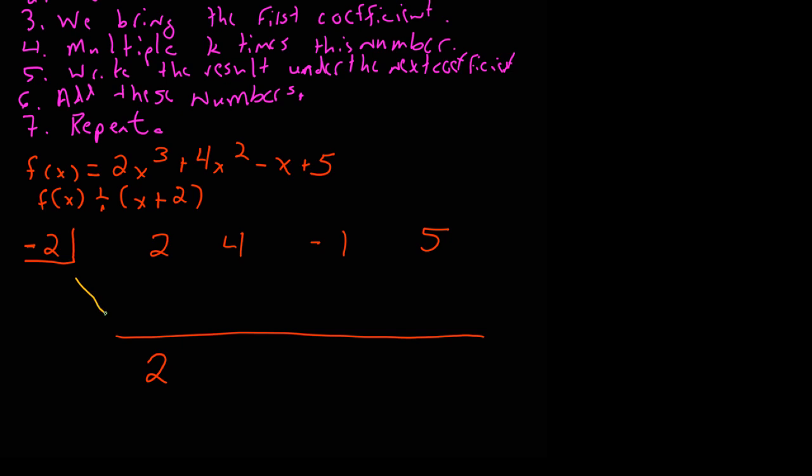So -2 times 2 is -4. I write that result here, and the result comes over to the next term. I add these numbers, and I get 0.